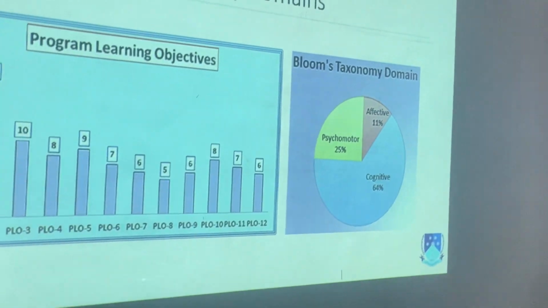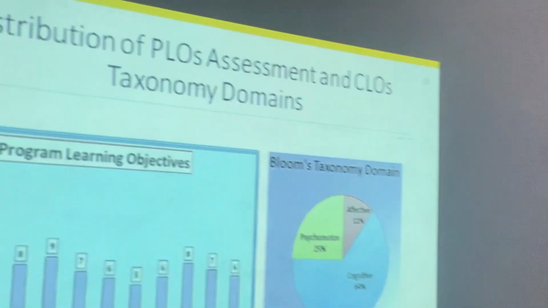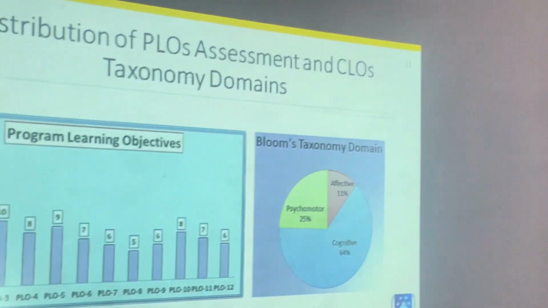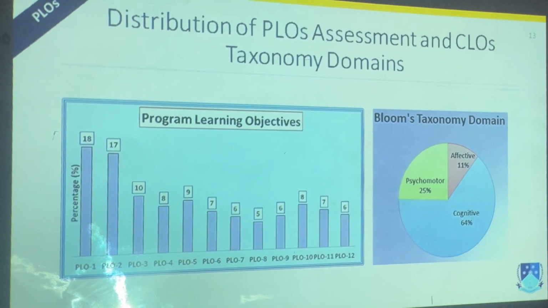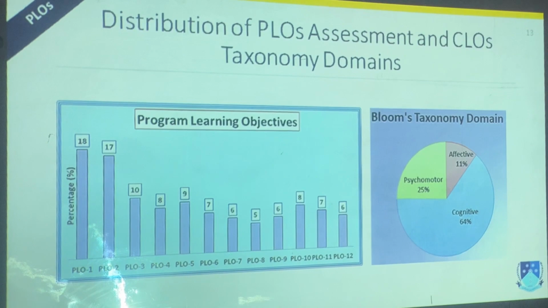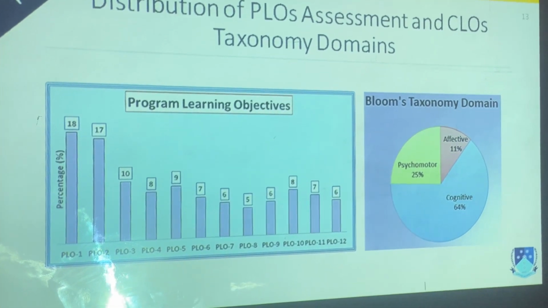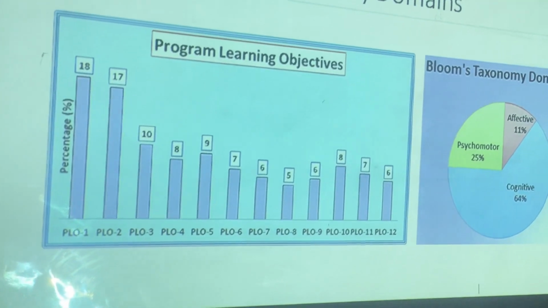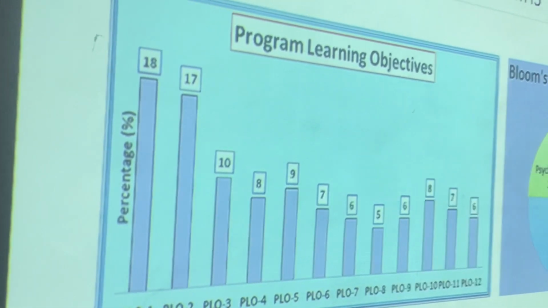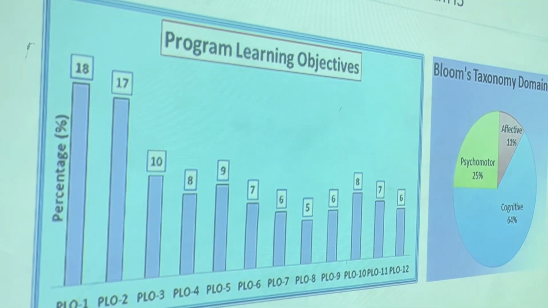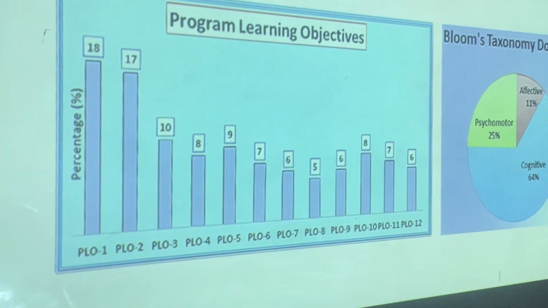This is the graph for our 44 courses, after which the student becomes a graduate from here. How many PLOs are involved in those 44 courses? This is the percentage.